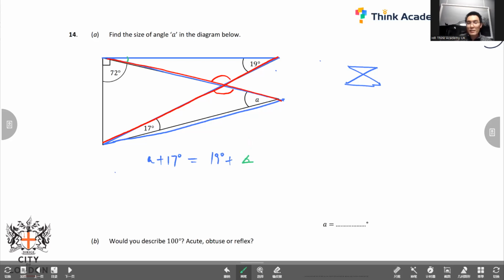So angle A, the target angle we want, plus 17 degrees equals 19 degrees plus the green angle. We can find the green angle very easily because we know this is a right angle and the green angle is just a right angle subtract 72 degrees, which is 18 degrees. So just substitute this green angle with 18.